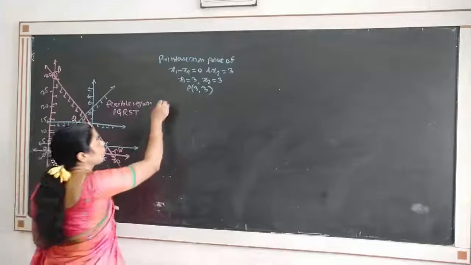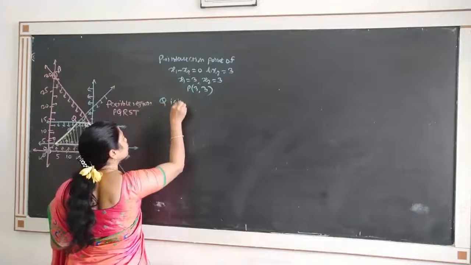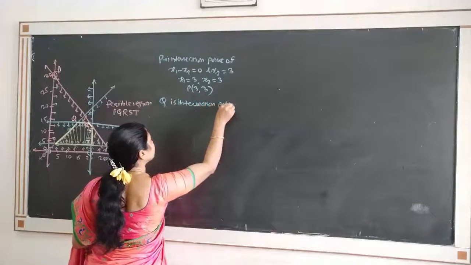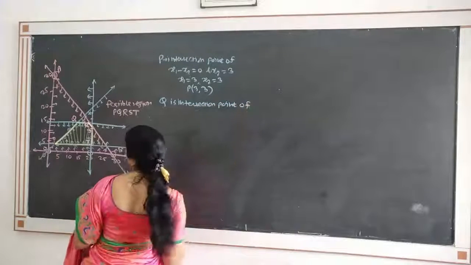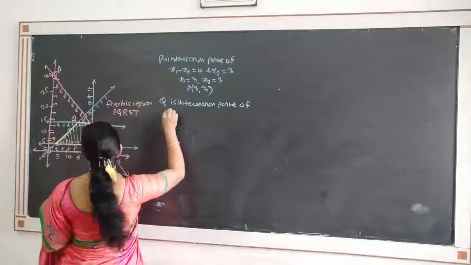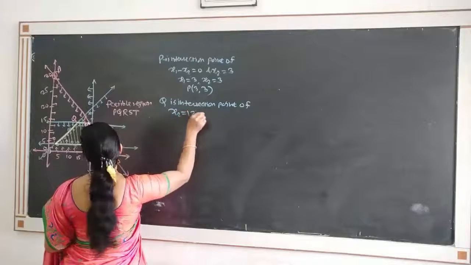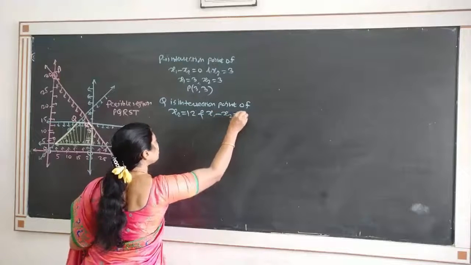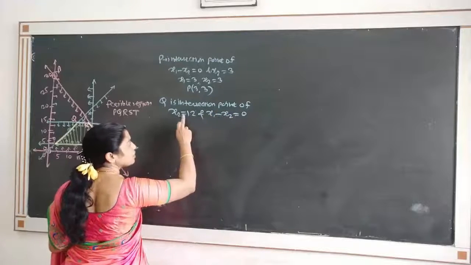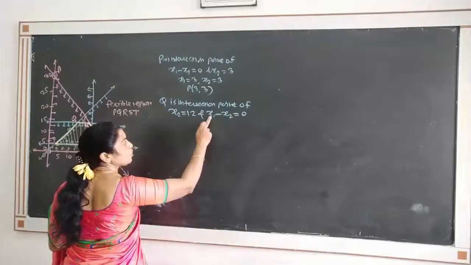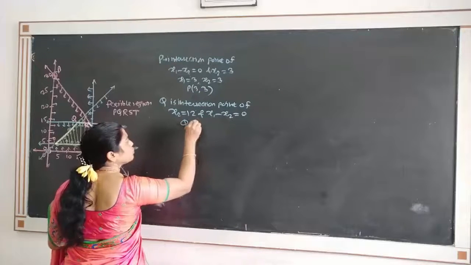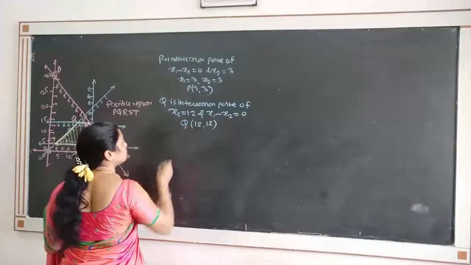Now Q point. Q is the intersection point of the line x2 equal to 12 and the line x1 minus x2 equal to 0. So solve them simultaneously. If you put x2 equal to 12, x1 is also 12, and therefore Q point comes to be 12, 12.